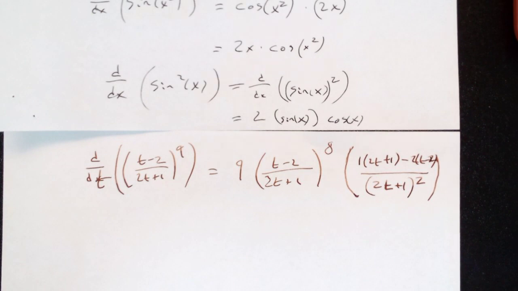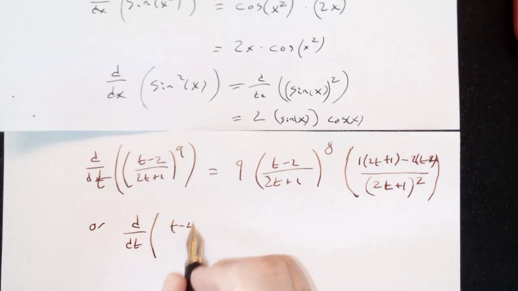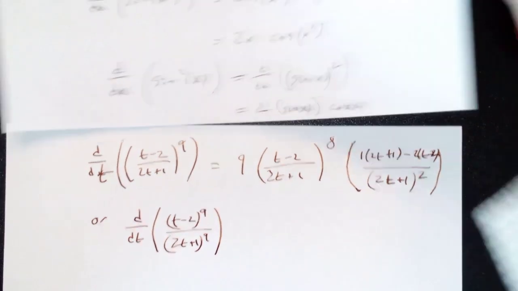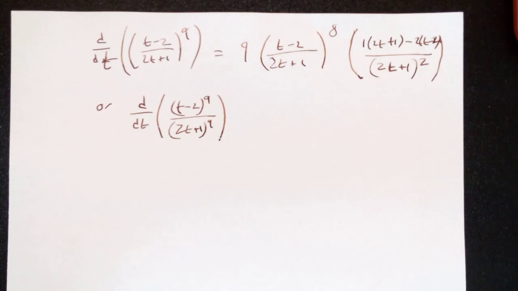But another thing I could say is this is a fraction to a power. I can do algebra first. And I can say instead of making that ugly to the 9, I can make a thing to the 9 over thing to the 9, because this power can be distributed. And now, the outside part is the quotient.